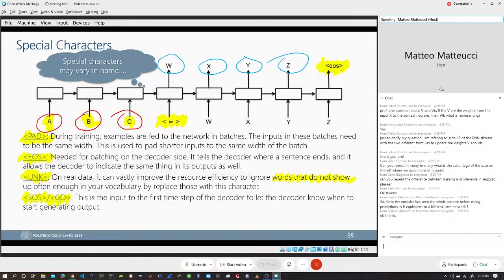Depending on the library, the model, or the tool you are using, these special characters might have different names. An example is already at the end of this slide, where the start of sequence is sometimes also called Go, but this is a minor detail.